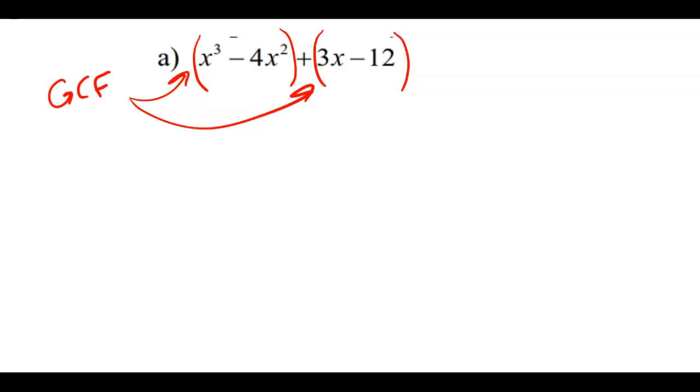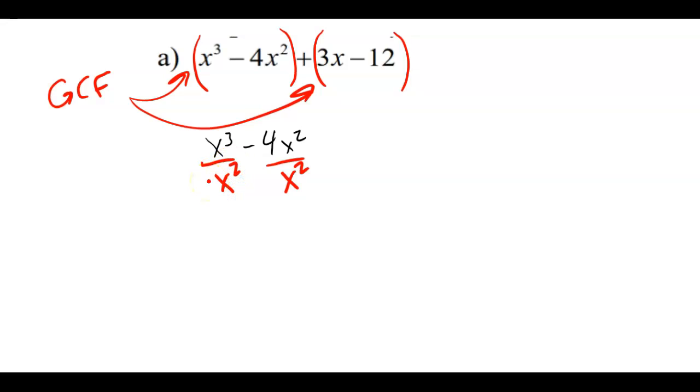So if I look at the first pair, x cubed minus 4x squared, and I'm looking for my GCF, I don't have a common number factor, but I do see that I have x cubed and I have x squared.